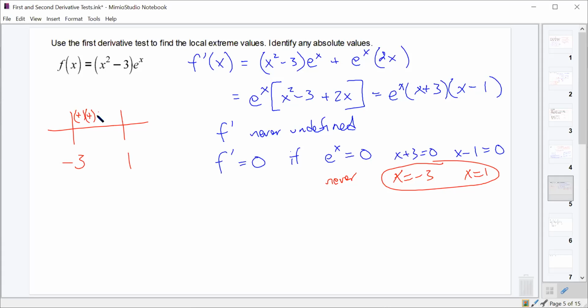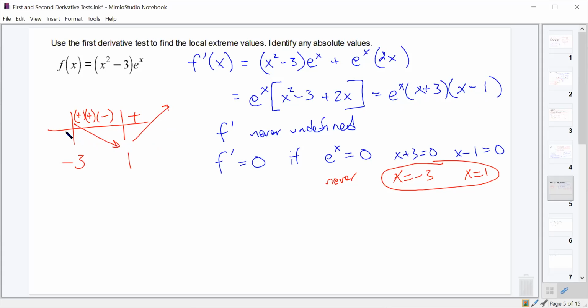And 0 minus 1 is negative. So we got a positive times a negative gives us a negative, right? What about greater than 1? Something nice and easy, like a million. That'd be positive. x plus 3 would be positive. And x minus 1 would be positive. So 3 positives gives us a positive.